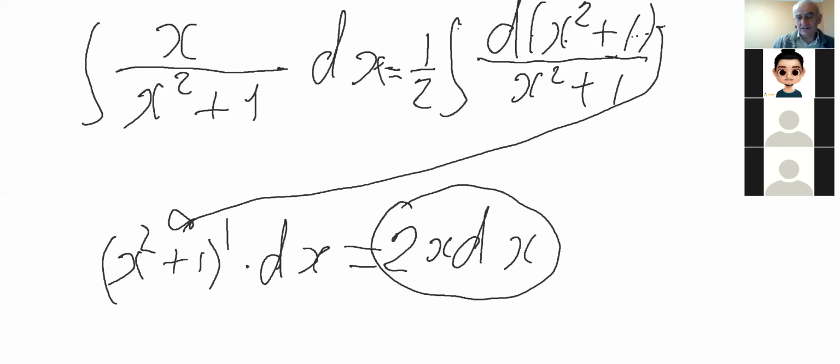Now imagine that instead of d(x squared plus 1), we have 2 times x dx. These two and these two will cancel, and we will have exactly the left side. Please confirm if you agree. It's true.